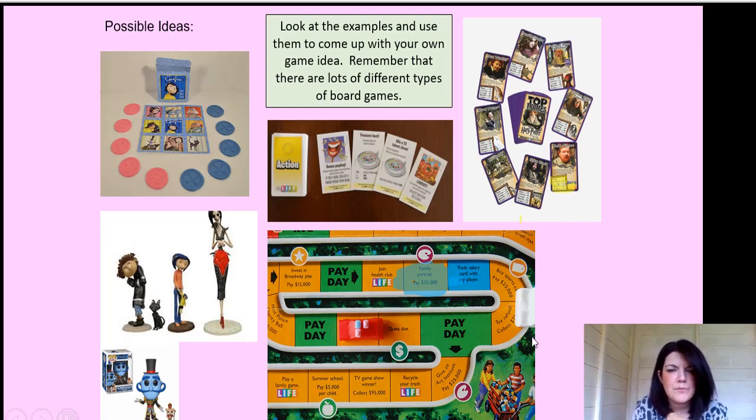And then the last one here is a more traditional game. It's more like a traditional board game like Snakes and Ladders or something like that. This was popular when I was young. You roll the dice and you move along each one, and you land on a certain square. Here you earn money, I think, which you could do for Coraline, I suppose.